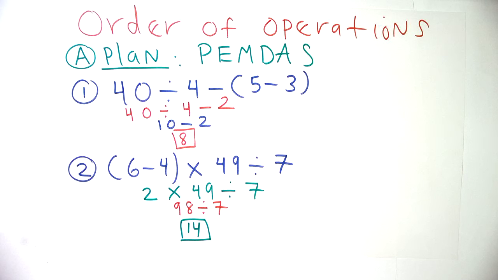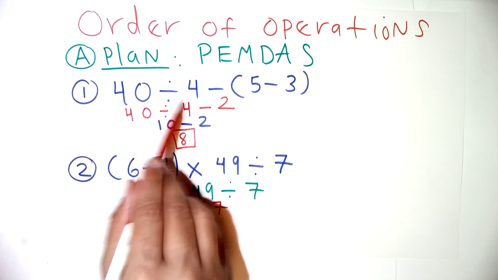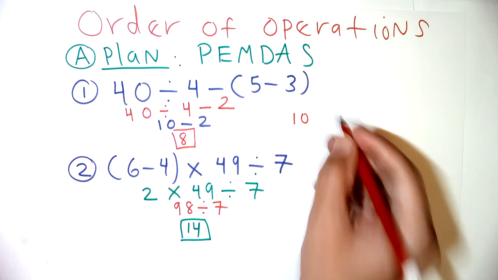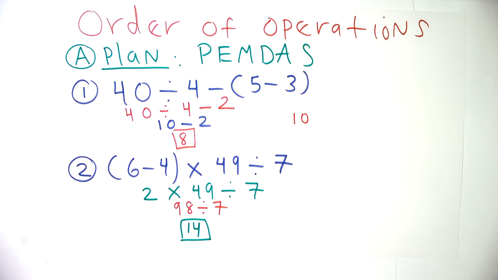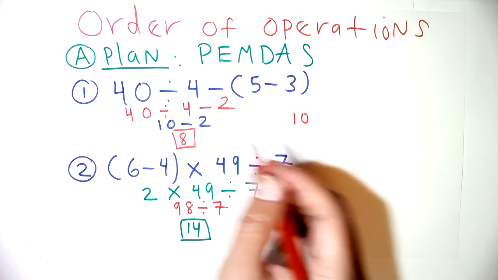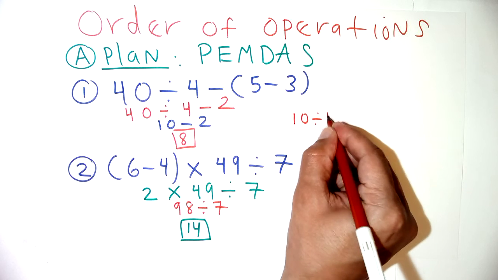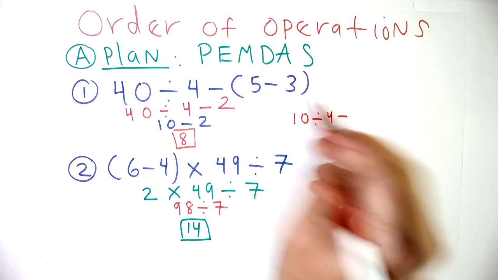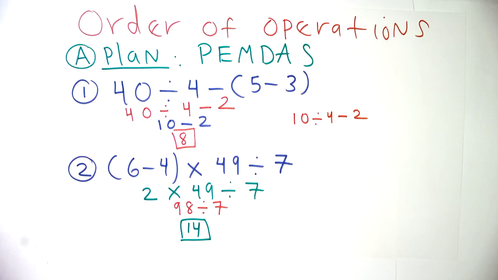So you have 40 divided by 4. Let's say that in the beginning, you just say to yourself, let me just divide here, 40 divided by 4, which is 10. And then you keep the 4 there, and then you say minus 5 minus 3, which is 2.